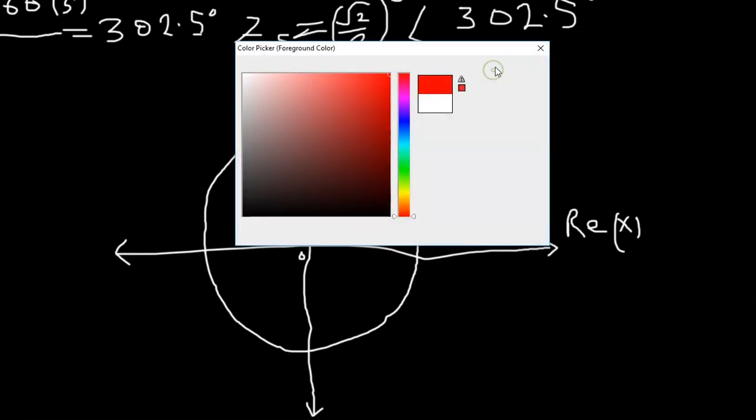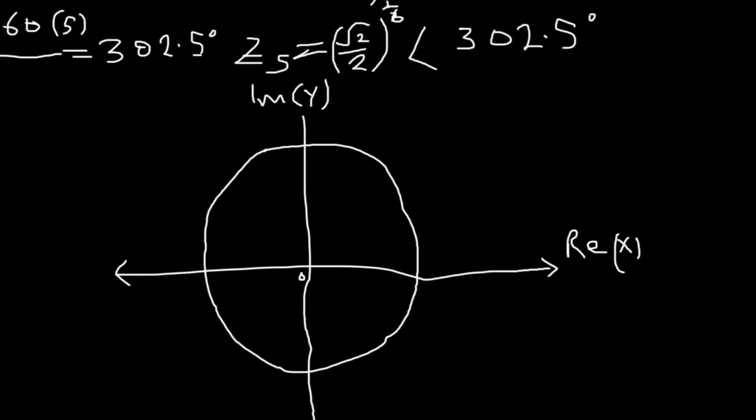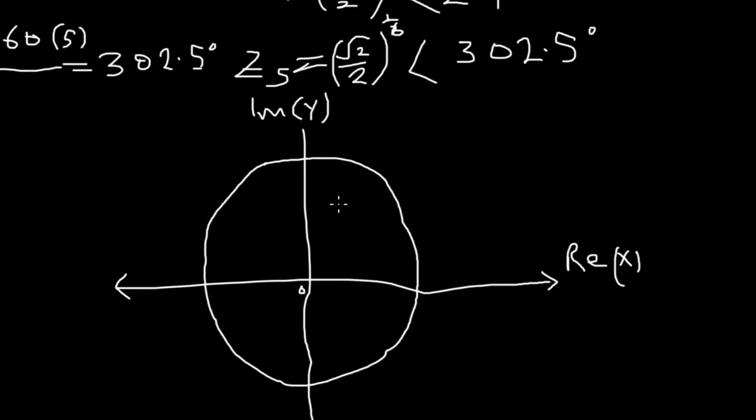Okay, so first of all, the radius of this circle is supposed to be equal to the magnitude of the complex number, which is the root of 2 over 2, then everything to the power 1 over 6. Even here, the root of 2 over 2, and then everything to the power 1 over 6.